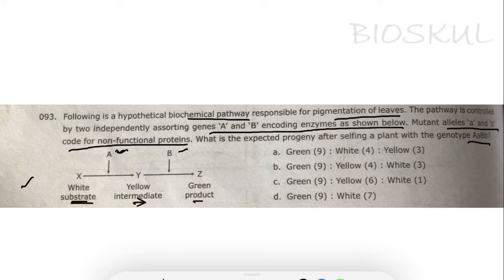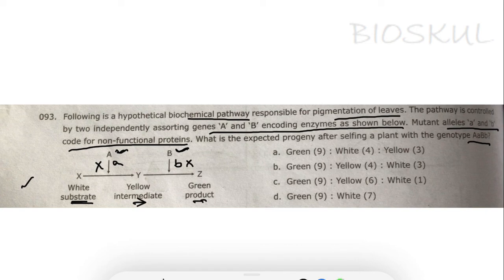Then the yellow intermediate will be converted into green product by the presence of allele B. If the allele A is mutated and present in this form, that is small a, then it cannot convert white substrate to yellow intermediate. Similarly, if the small b is present, the mutated version of gene B, then this small b, as it is a mutant allele, cannot convert yellow intermediate to green product.